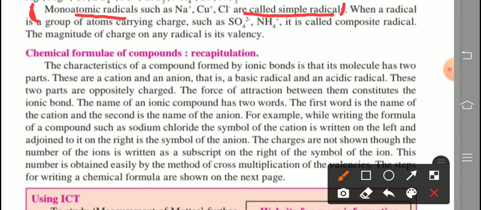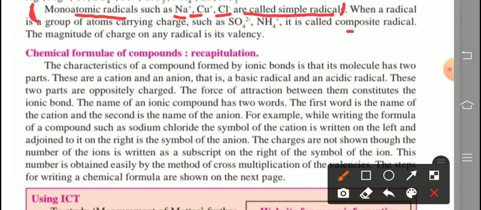Mono means single and atomic means atom. A single ion formed from a single atom is called a monoatomic radical. For example, given here Na plus, Cl minus. These are single atoms. That's why they are called monoatomic radicals, also called as what? Simple radicals.